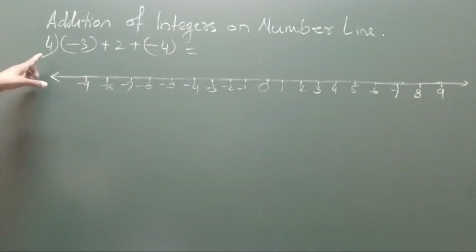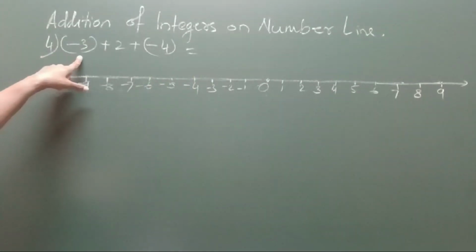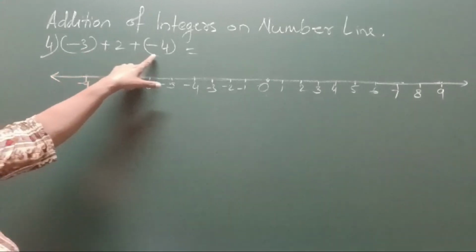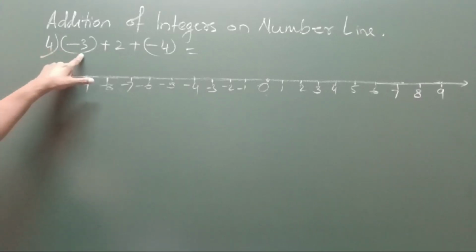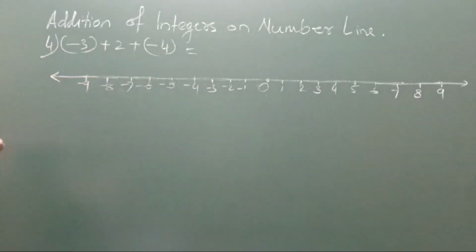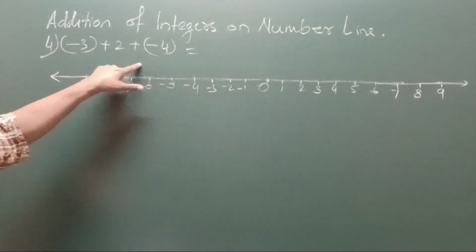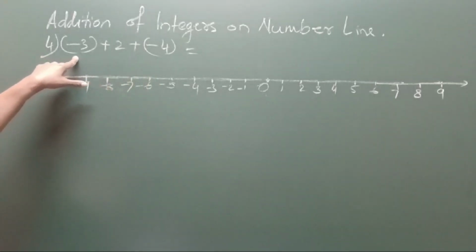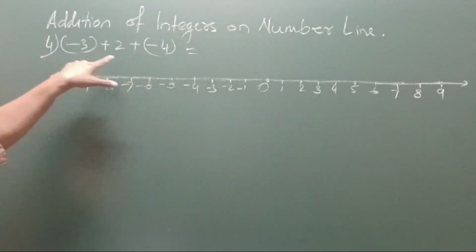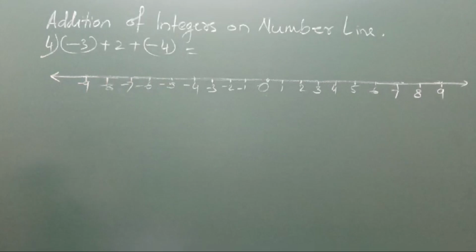Our next question is -3 plus 2 plus -4. Now here two different integers, negative and positive integers. Since 3 numbers are there, we will do first these two negative integers, -3 and -4.